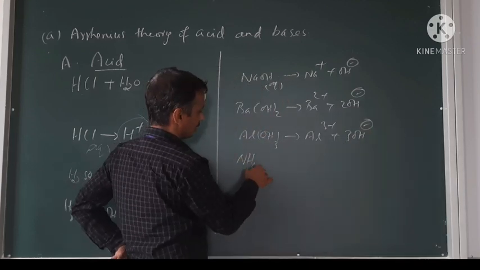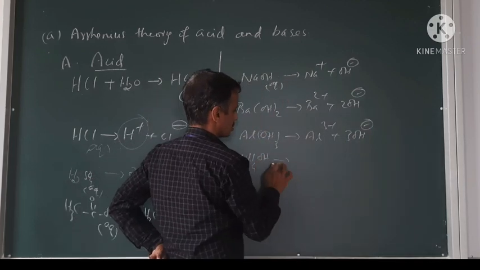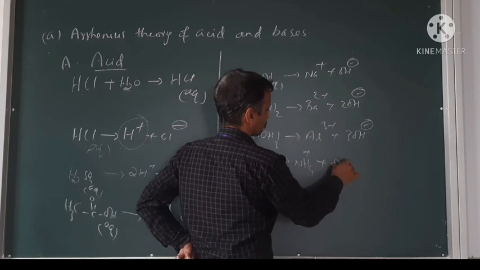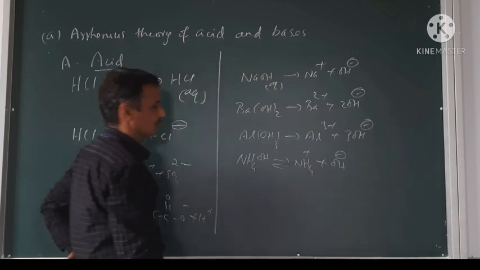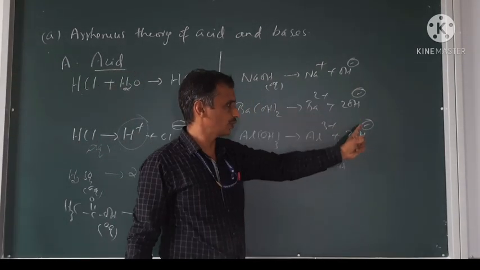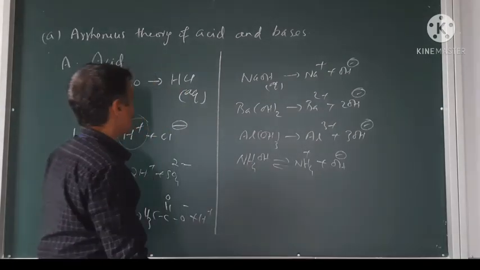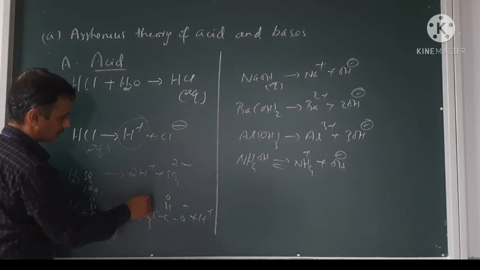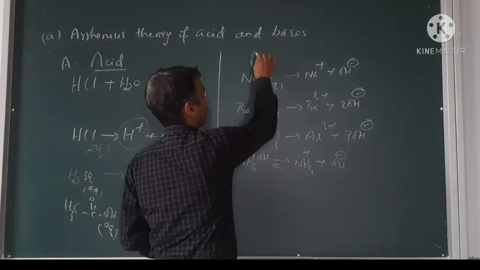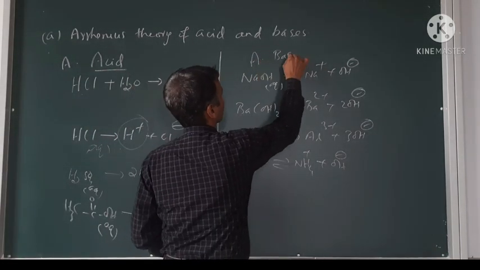Ammonium hydroxide gives NH4 plus and OH minus. What is common here? OH minus, OH minus, OH minus. What is common in the acids? H plus, H plus, H plus. And these are called Arrhenius bases.